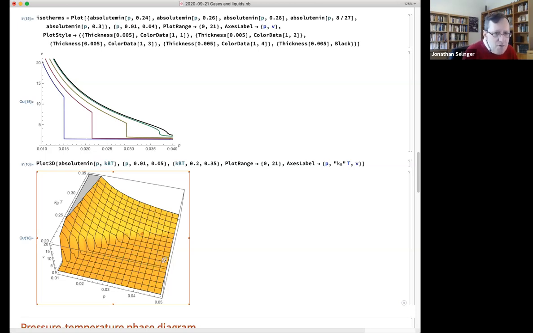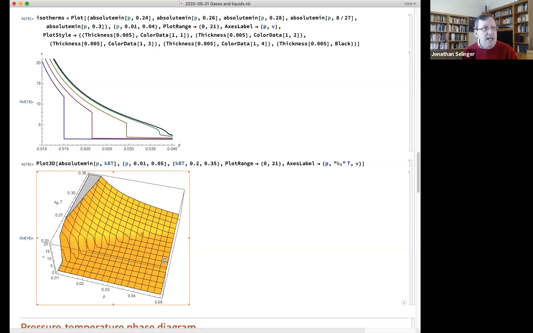What I want to point out to you is this is a lot like the three-dimensional plot that we had for the Ising model. We had a three-dimensional plot for magnetic order parameter as a function of temperature and magnetic field.